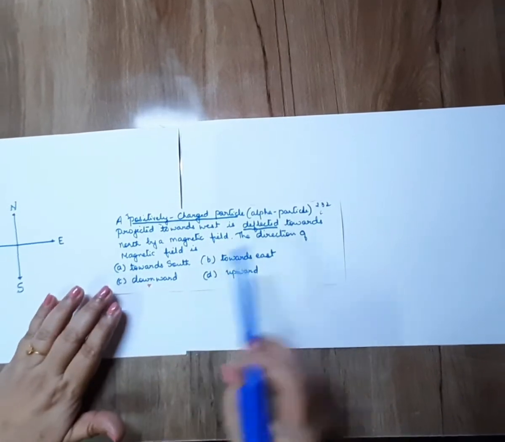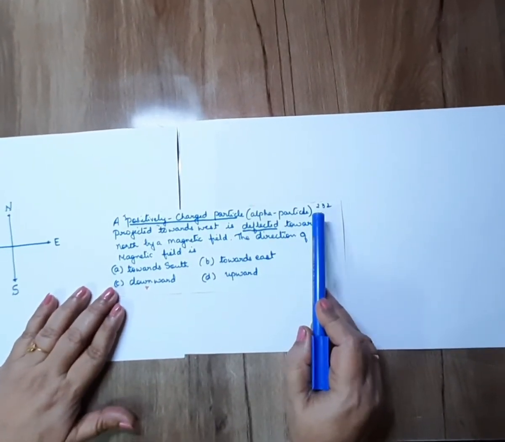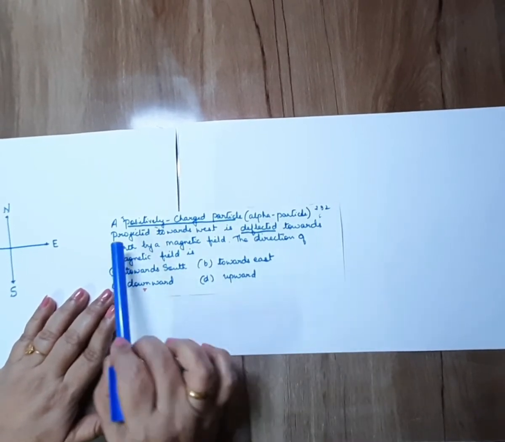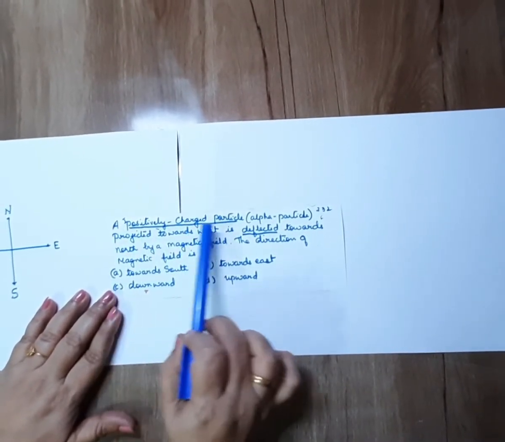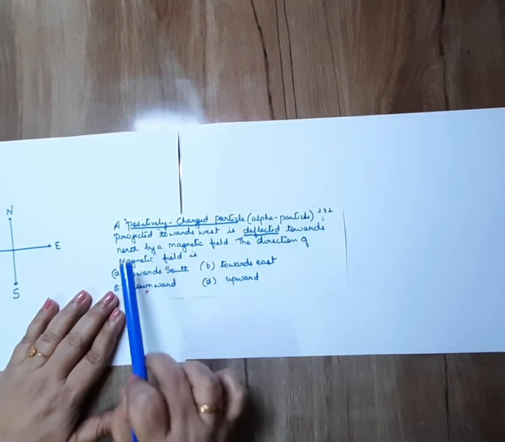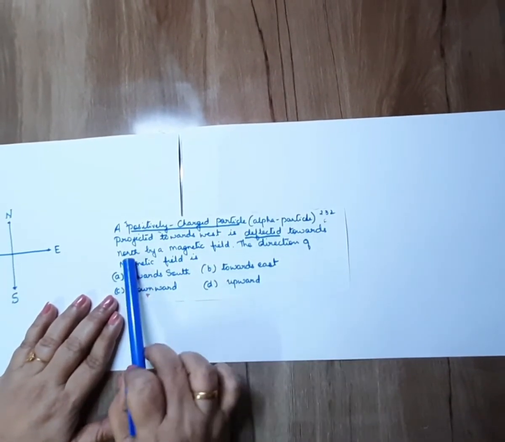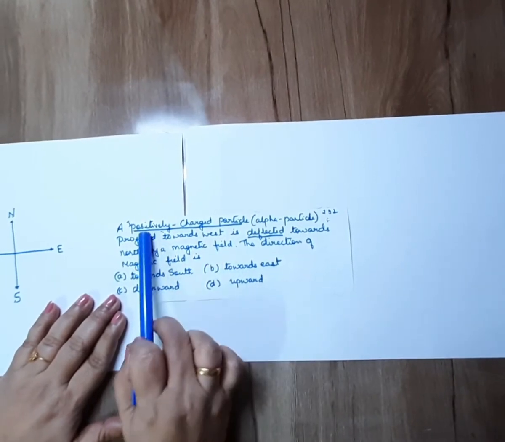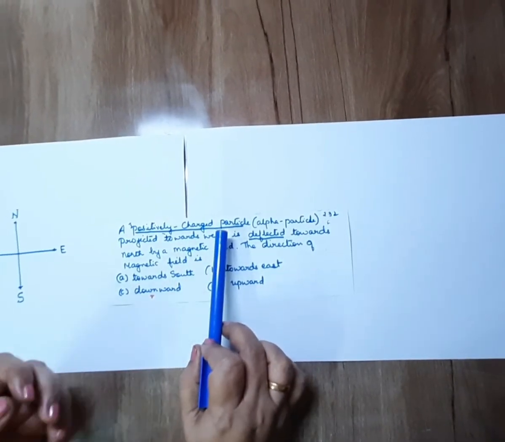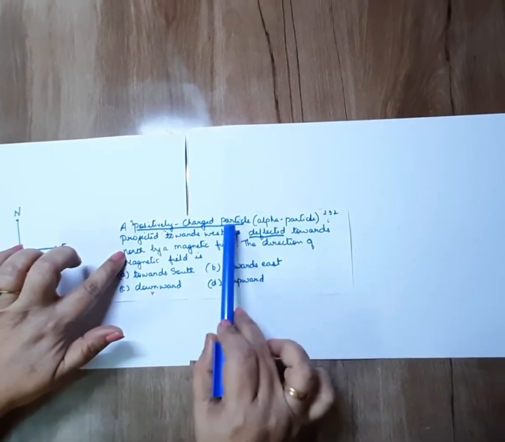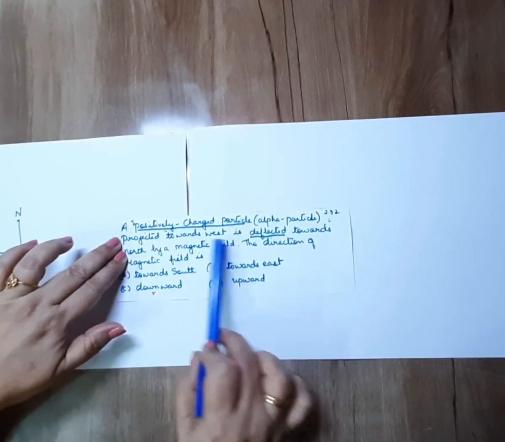Next question. This is again from the NCERT textbook, page number 232, blue questions. A positively charged particle, that is an alpha particle, projected towards west is deflected towards north by a magnetic field. For a positively charged particle, the direction of current will be the same as that of the particle, which is west here.